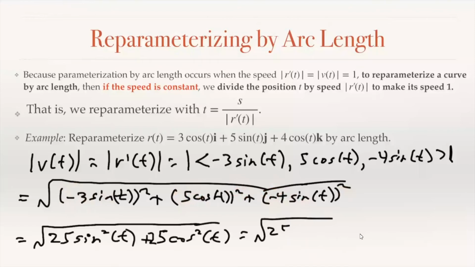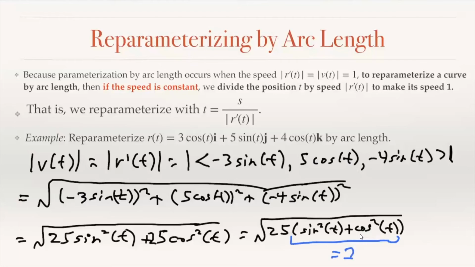So that's 25 times sine squared plus cosine squared. And as always, that is 1. And the square root of 25 is 5.